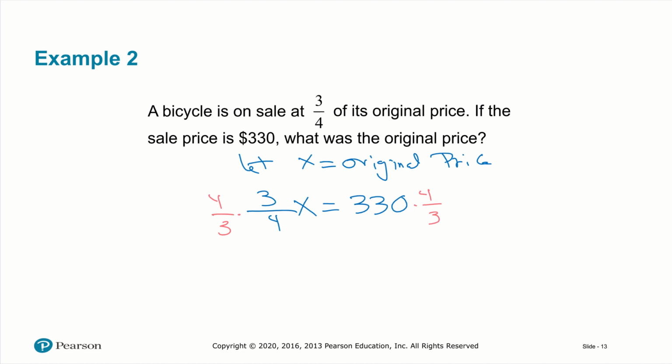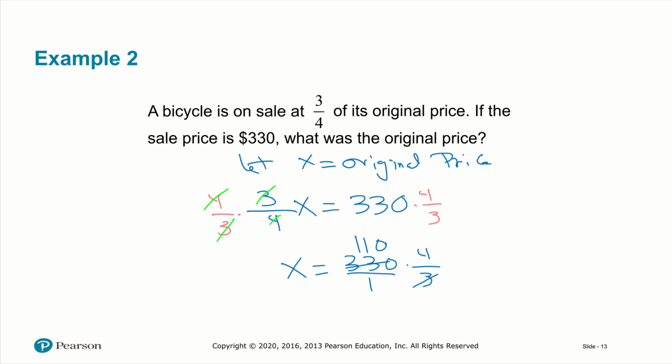So we end up with, the 3's cancel out, 4's canceling out, so we just get 1x, which is x, equals 330 times 4/3. Now, we just go ahead and think of this as 330 over 1, so we can go ahead and simplify. Now, I notice that 3 goes into 330 110 times.